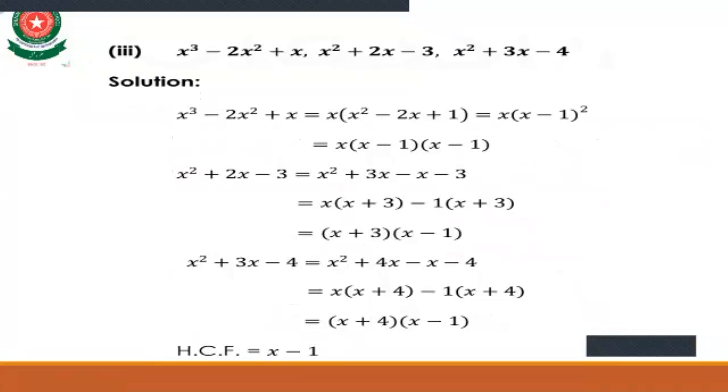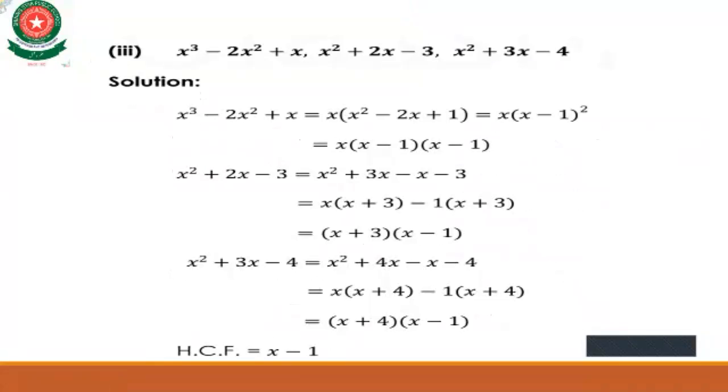Our next question is x cube minus 2x square plus x, that is our first term. x square plus 2x minus 3, that is the second term. x square plus 3x minus 4, that is the third term. Solving the first, x cube minus 2x square plus x, here you can see that x is common.